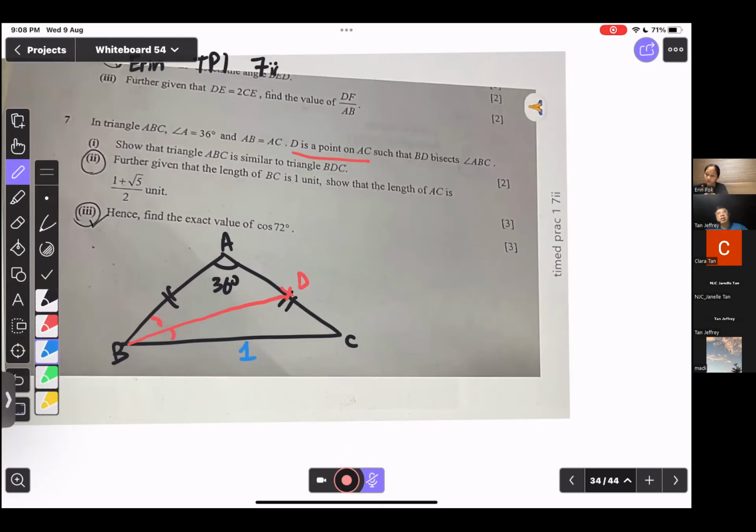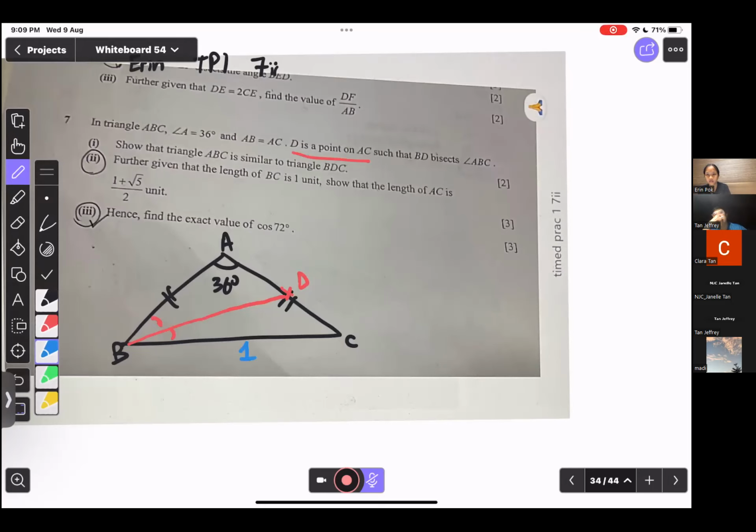If it bisects, it has to be perpendicular, right? No, may not be. Triangle ABC is similar to triangle DBC.